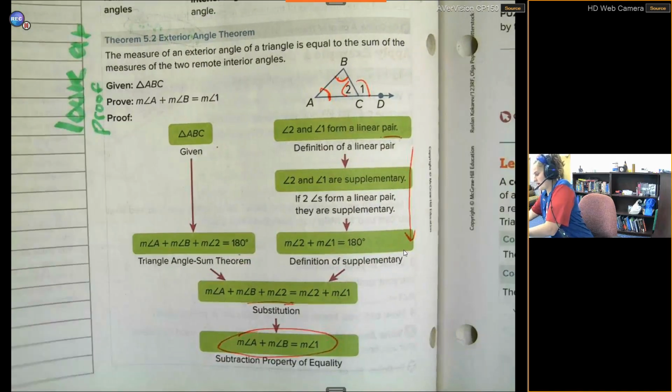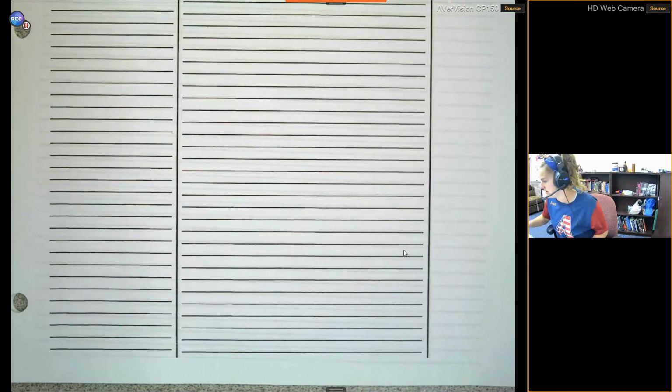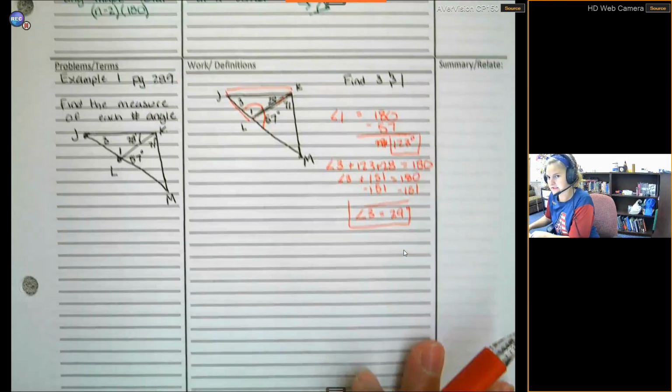Okay, we're going to write exterior angle theorem up in our vocabulary spot.